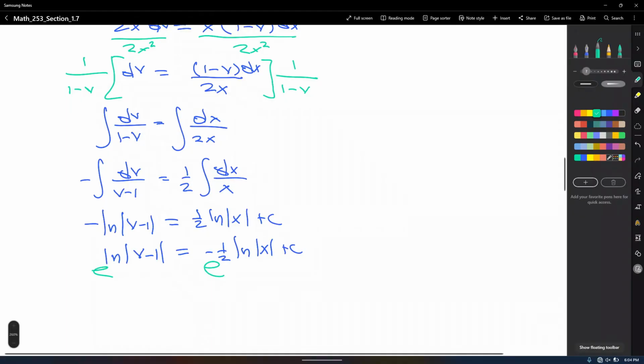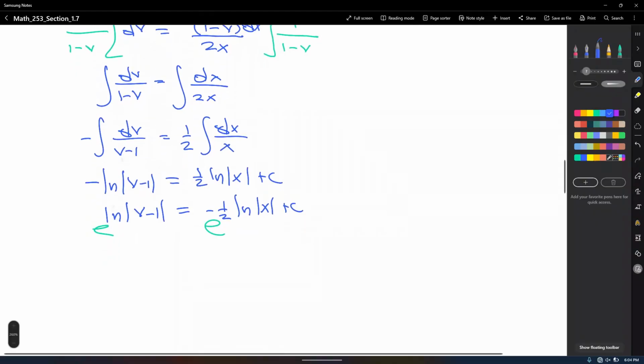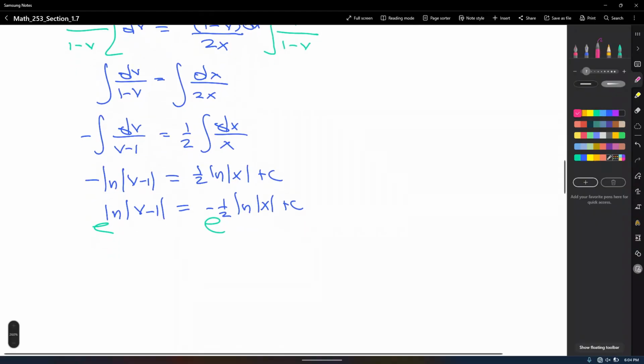Number one, we could eliminate e with ln right here, but we can't do it on the right-hand side because of the coefficient negative 1/2. Bring the coefficient first. That's going to leave us with v minus 1 equals e to the ln of x to the negative 1/2, and then plus c.